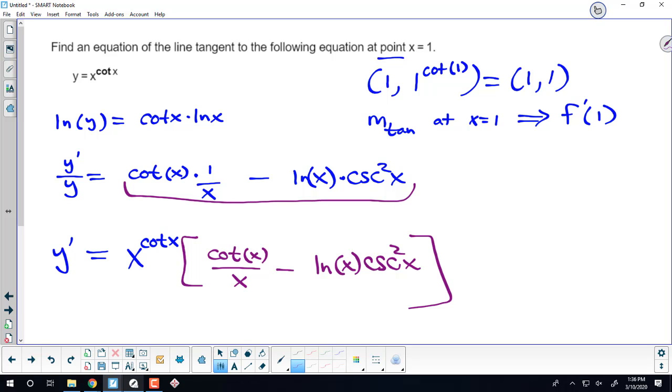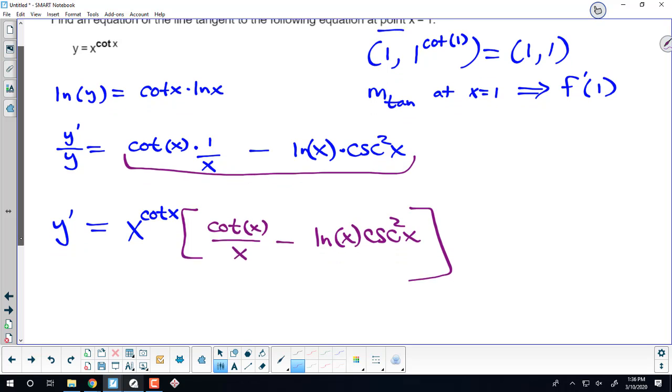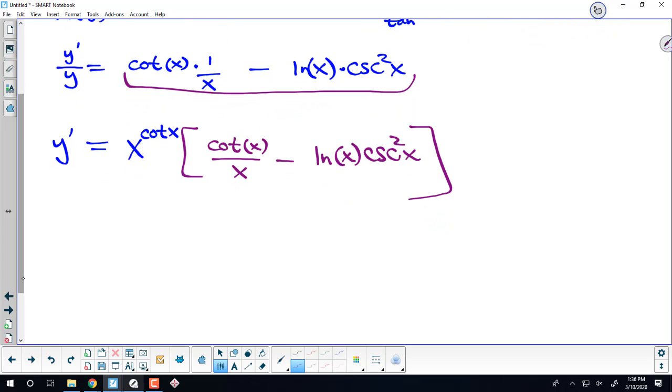Now we just need to find y prime at x equals 1. So 1 to the cotangent of 1, like we said, that was already 1.